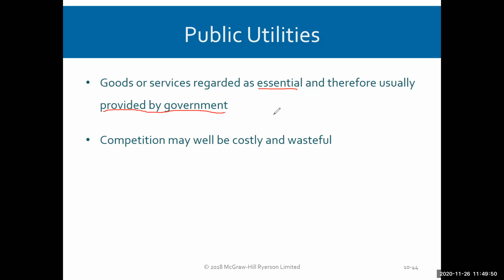The government is determined that if there's competition in this particular industry providing this essential service to a city, that could be costly and wasteful and maybe even dangerous and have huge service interruptions, because a perfectly competitive situation would result in maybe taking shortcuts or having outages. And if it's an essential good or service, the government doesn't want that to happen.